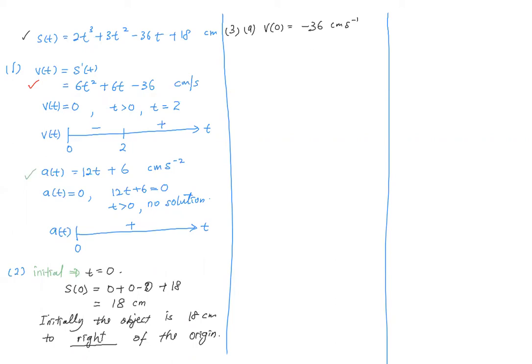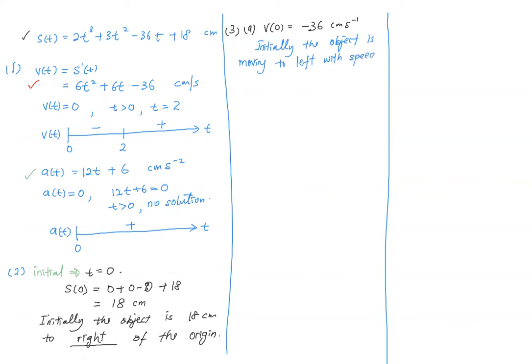Yes, you are right. So instead of at the magnitude, what you can do is you say initially the object is moving to the left with the speed of 36 cm per second.